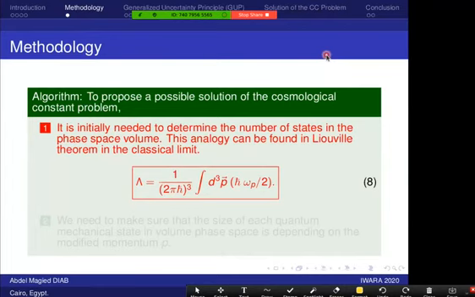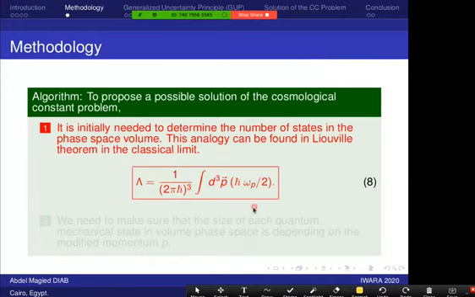We will use the GUP to modify the theoretical definition of the cosmological constant in quantum field theory. We will modify the number of states in the phase-space volume by using the Liouville theorem, and also modify the dispersion relation.